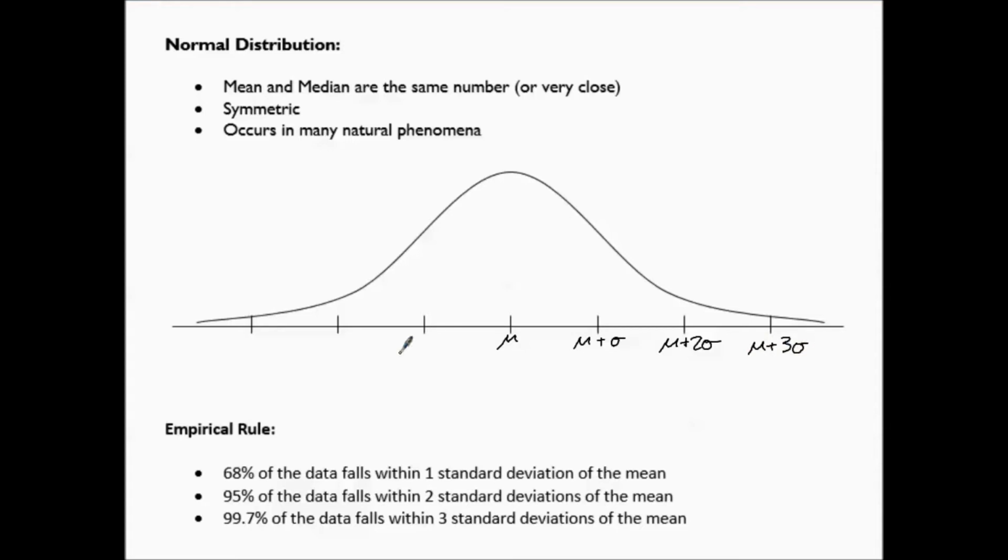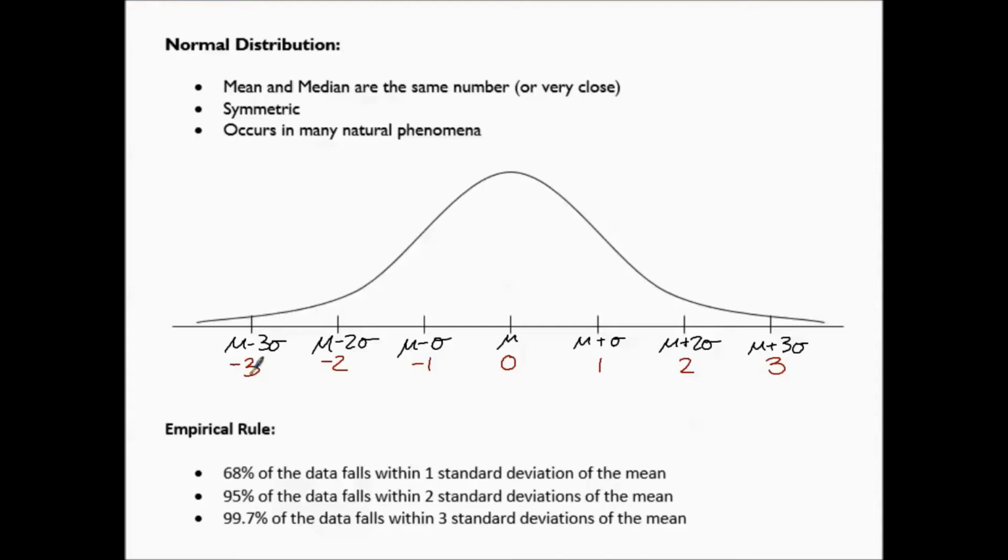On the other side, we have the mean minus a standard deviation, the mean minus 2 standard deviations, and the mean minus 3 standard deviations. So if we are talking about z-scores, that would make the z-score for the mean 0, the z-score for this next line 1, then 2, then 3, and the z-scores on the other side, -1, -2, and -3.